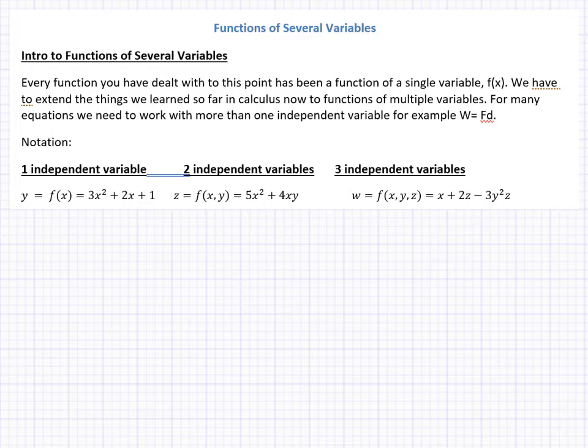All right, so you've dealt with single variable functions since, I don't know, maybe middle school and high school algebra, essentially. The idea is you have a single independent variable and a single dependent variable.